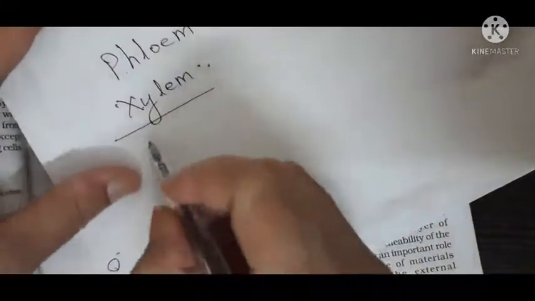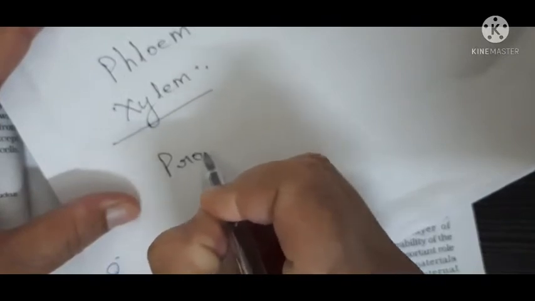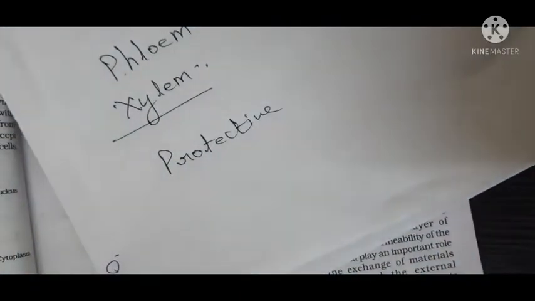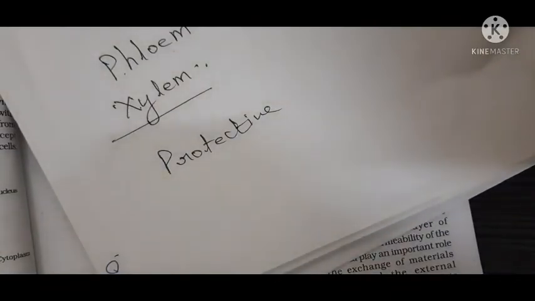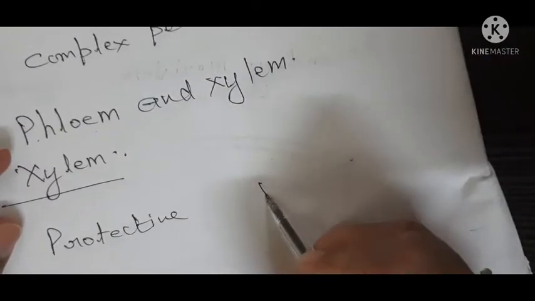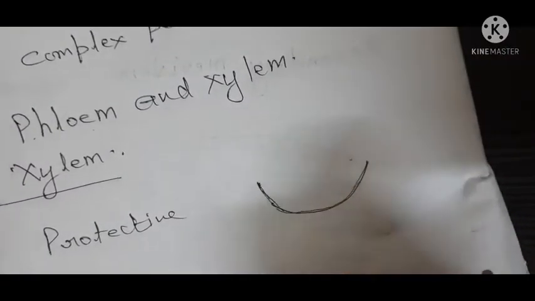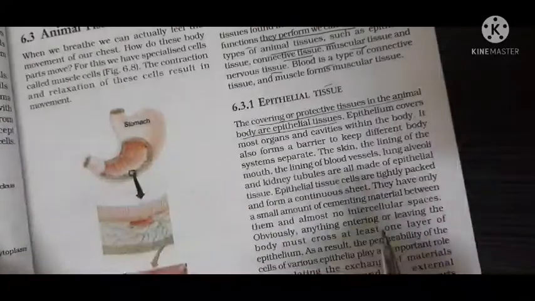Epithelial tissues are protective in nature. That is why they form the covering of most of the organs and the lining of the cavities, like suppose if this is a cavity, here this epithelial tissue is present.